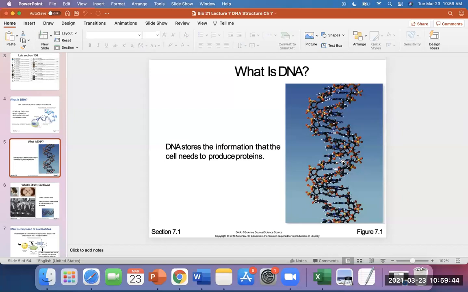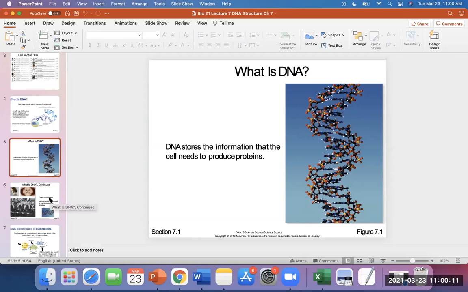Just nucleotides with A, T, C, and G: adenine, thymine, guanine, cytosine. How are they attached? Is it ligase? No. Anybody else? Daniel? Peptide bonds? No. What did you say, Daniel? Hydrogen bonds. They're held together with hydrogen bonds.